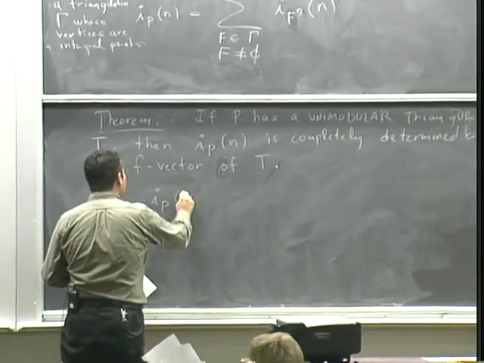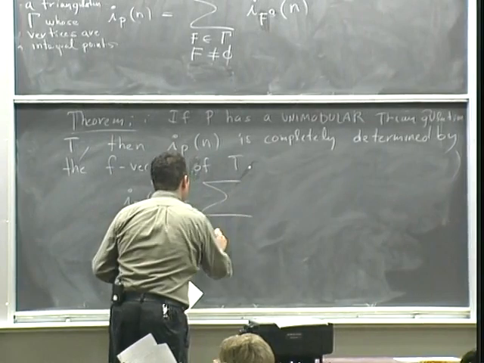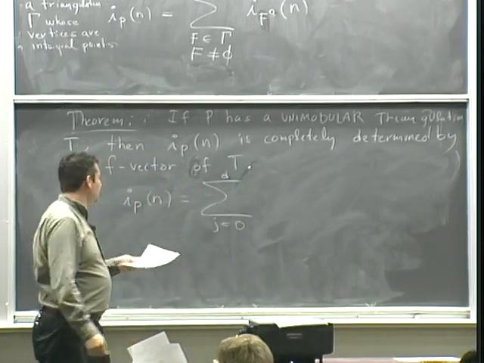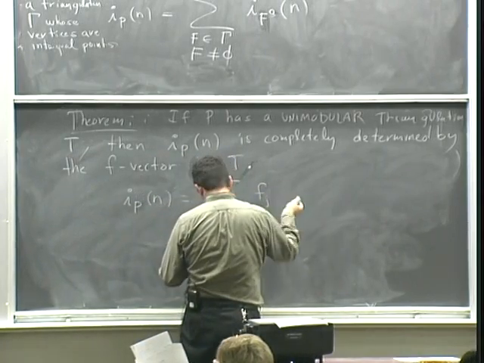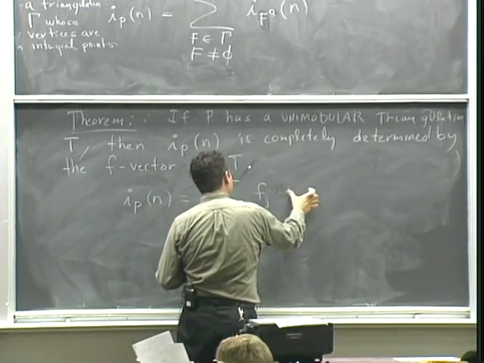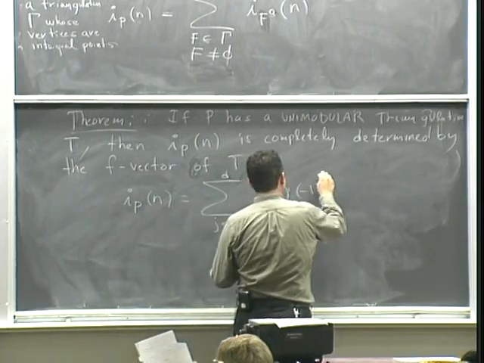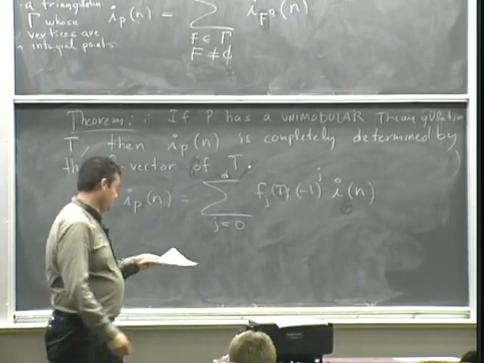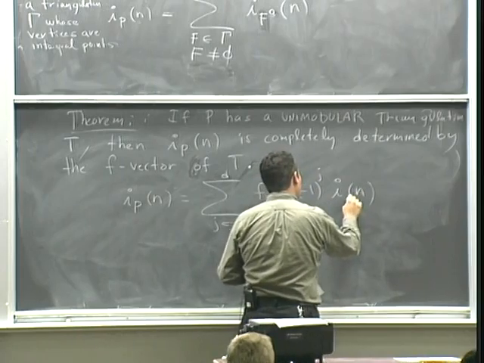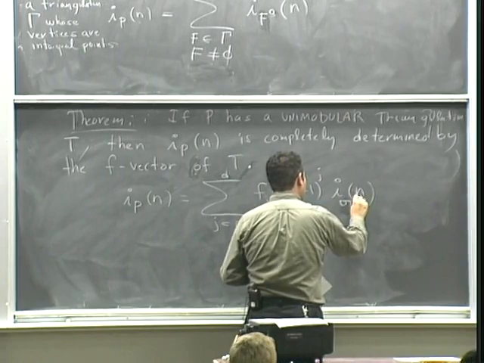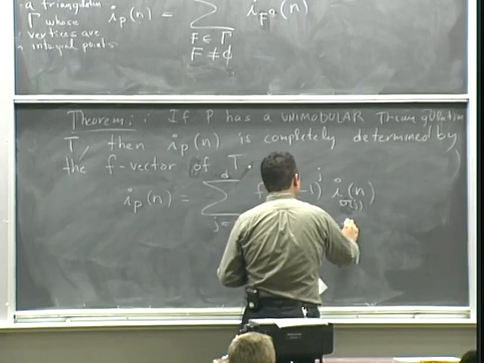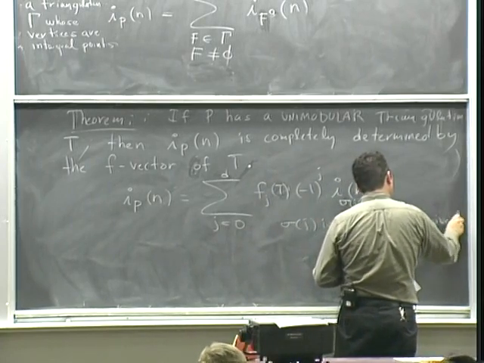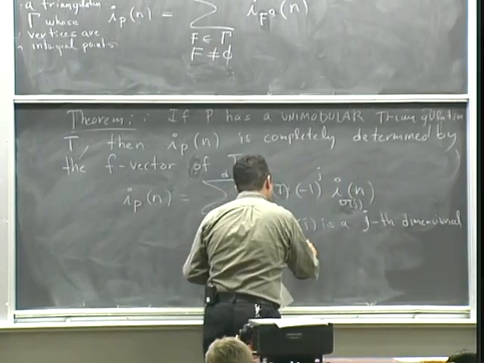It turns out that the Ehrhart polynomial of P can be written as the sum from j equals 0 to d, because it's a d-dimensional simplicial complex, of f_j times (t minus 1 to the j) times the Ehrhart polynomial of sigma j, where sigma j is a j-dimensional unimodular simplex.